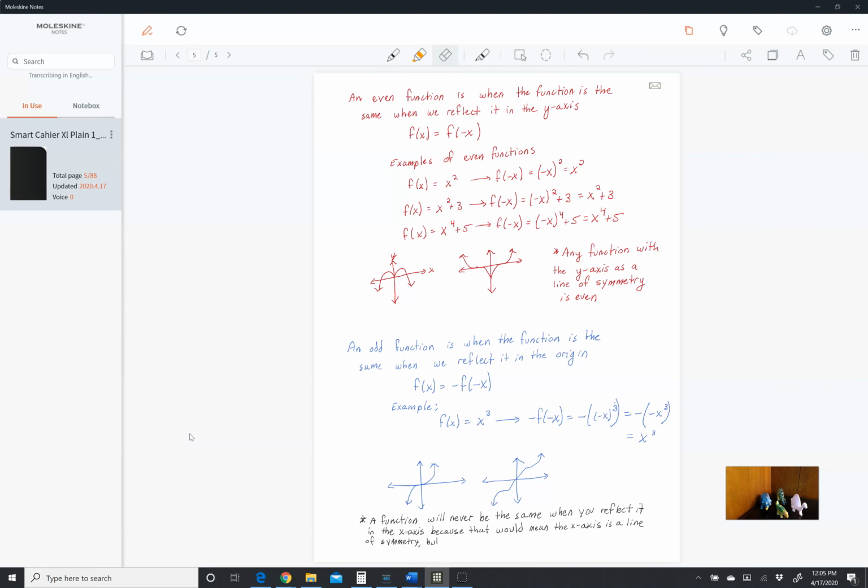Then it wouldn't be a function. Right? It fails the vertical line test. Here's an example of a graph where the x-axis is a line of symmetry. It fails the vertical line test.